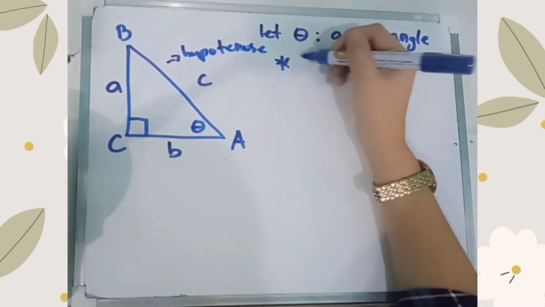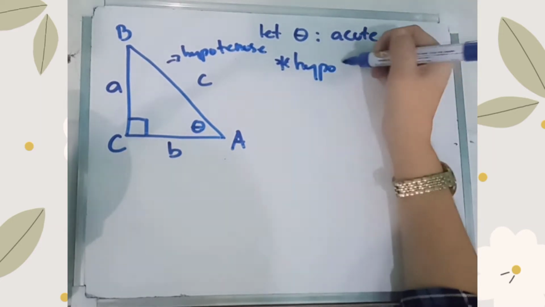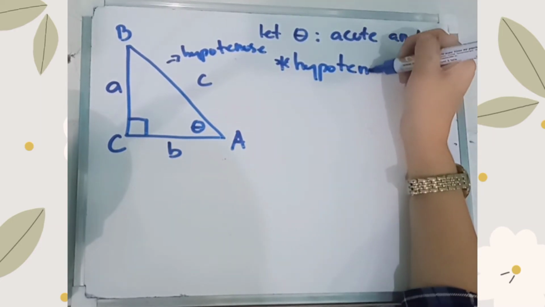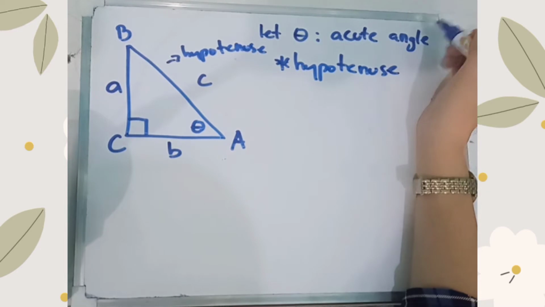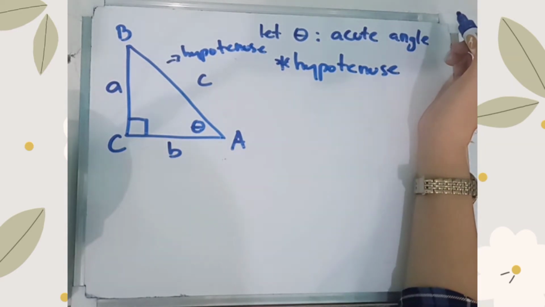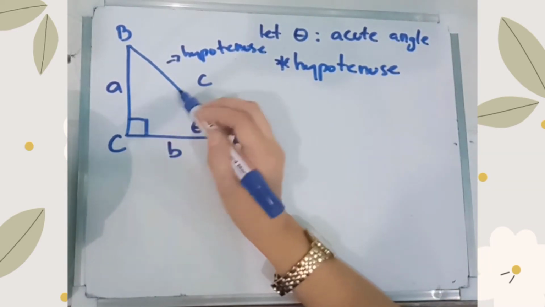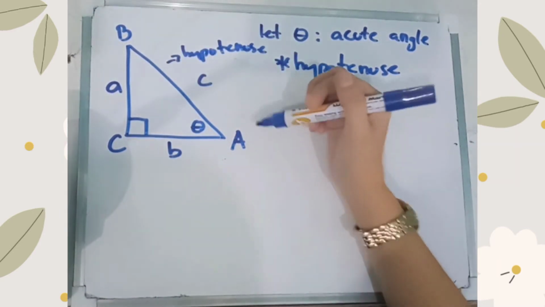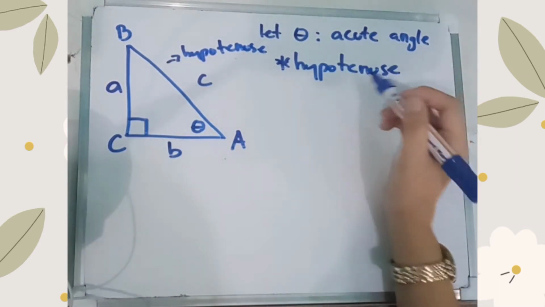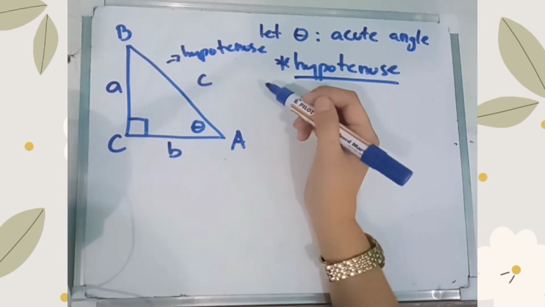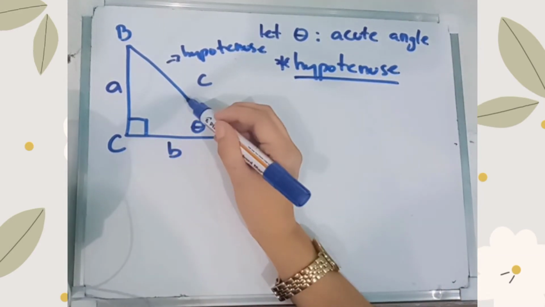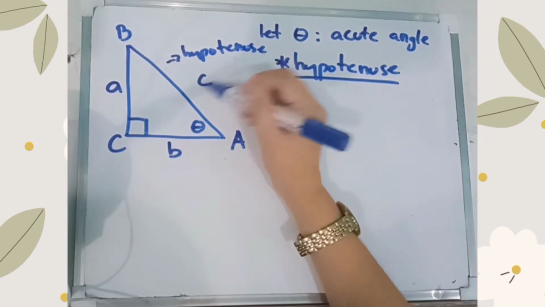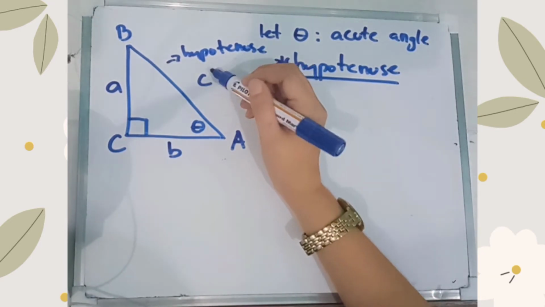Take note, the hypotenuse is the side opposite of the right angle, and the hypotenuse is the longest side in a right triangle. Again, the hypotenuse, that is the side opposite of the right angle, is denoted by side c.